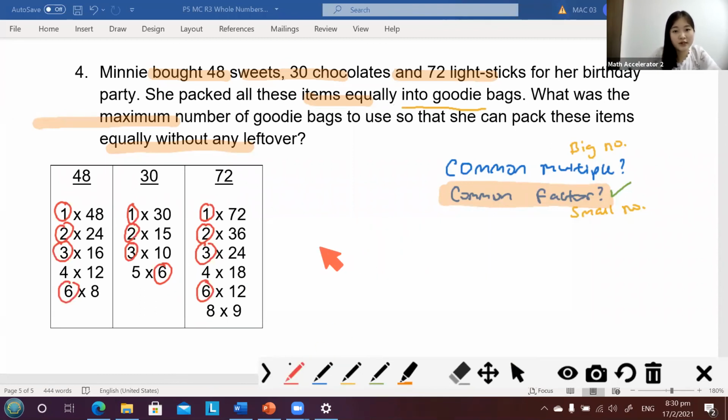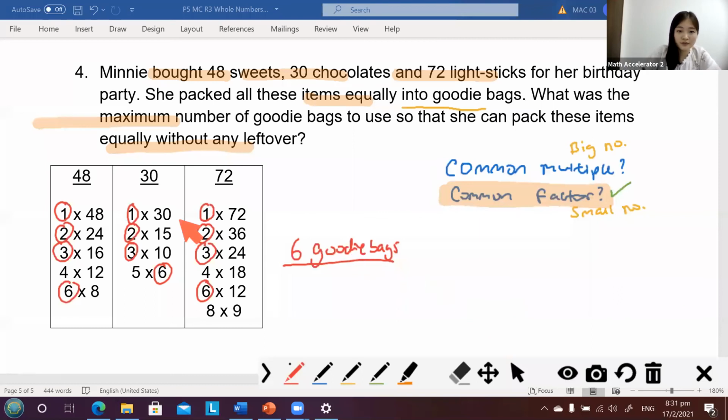No more. Right, so if you want the highest, it would be the biggest number here that is common. So it's 6. So 6 goodie bags would be your answer. If you have this, that's correct.